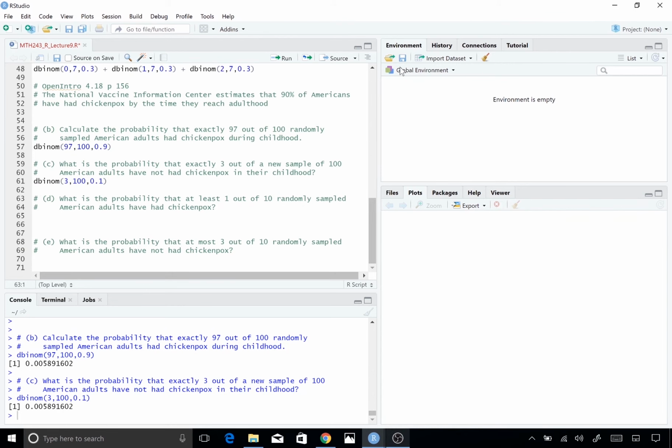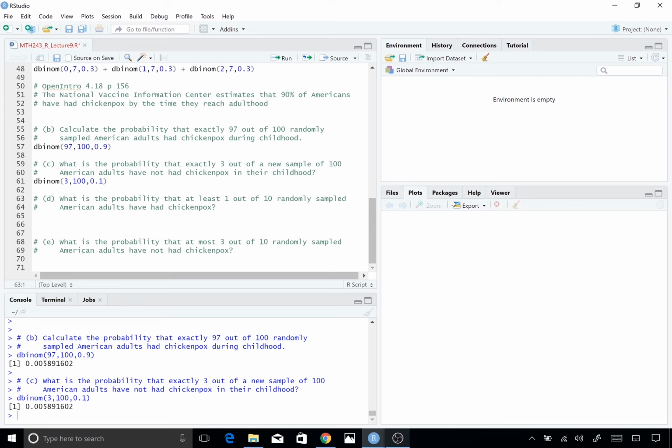What is the probability that at least 1 out of 10 have had chickenpox? Now, n is 10. Having chickenpox is the success, so p will be 0.9. And if at least 1 person out of 10 has had it, then the options are 1, 2, 3, all the way up to 10. The only way this doesn't happen is if 0 of the 10 got chickenpox.